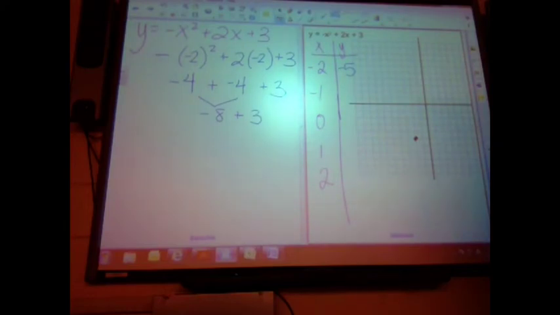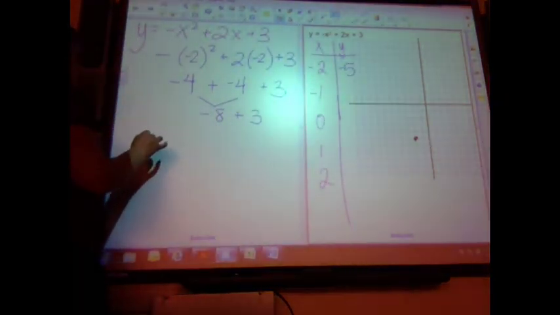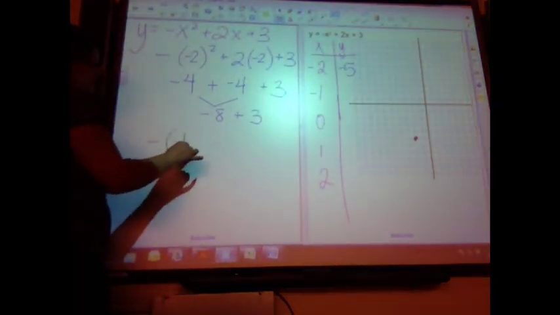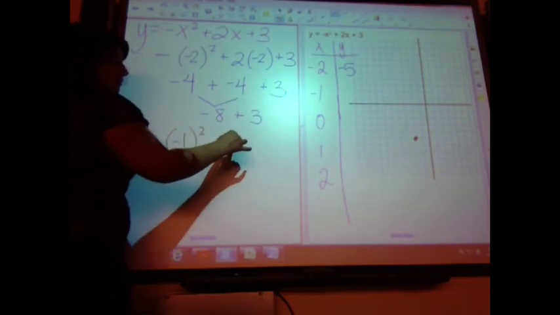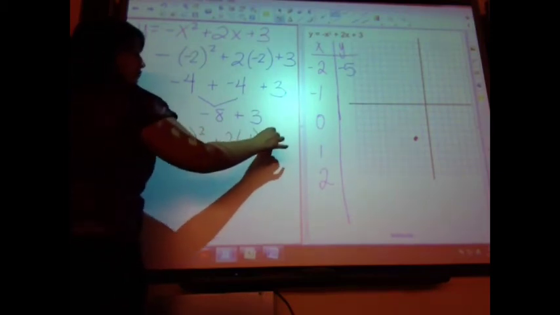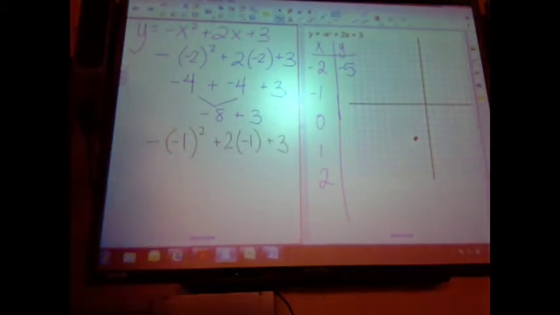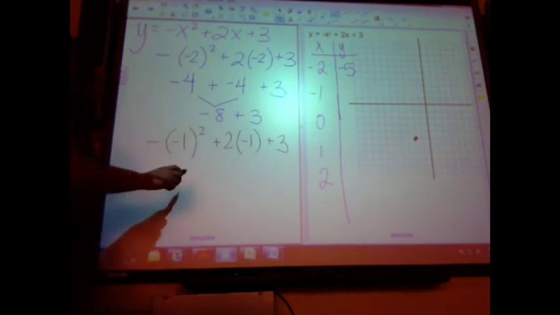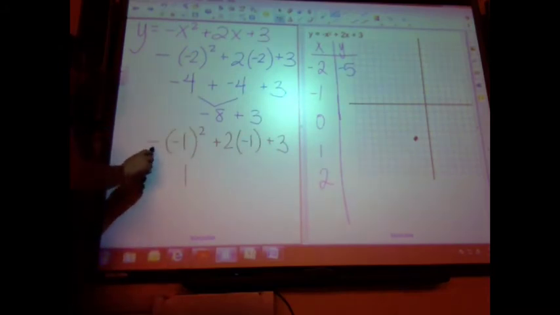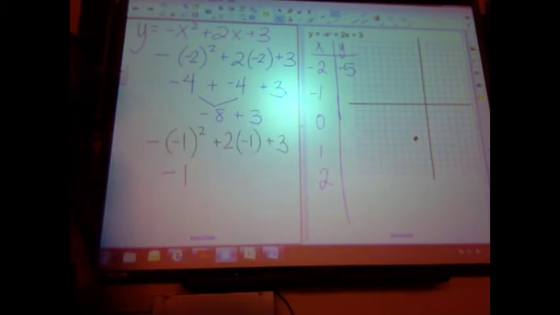Then I do the same thing again, but this time I'm going to use negative 1. So I'm going to do the opposite of negative 1 squared plus 2 times negative 1 plus 3. So first I do negative 1 squared. Negative 1 times negative 1 is positive 1. Then I have to do the opposite of that.